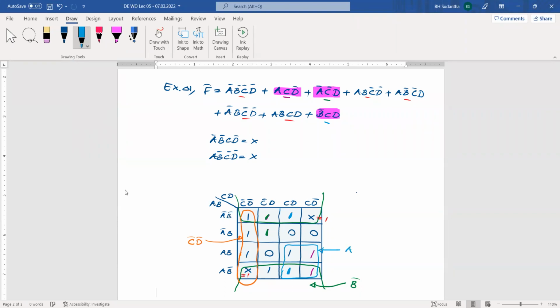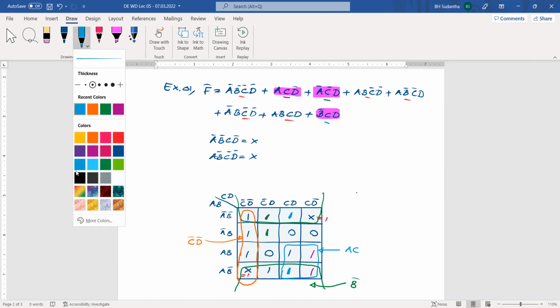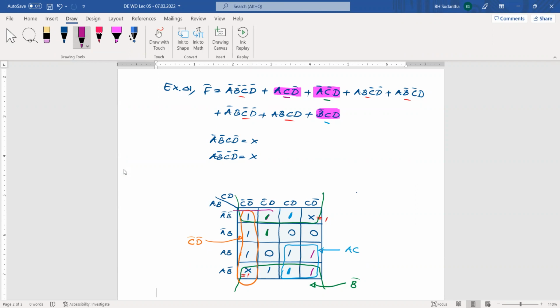This is A, C. Only this one is remaining now. We can combine, what is this? This is A bar C bar.